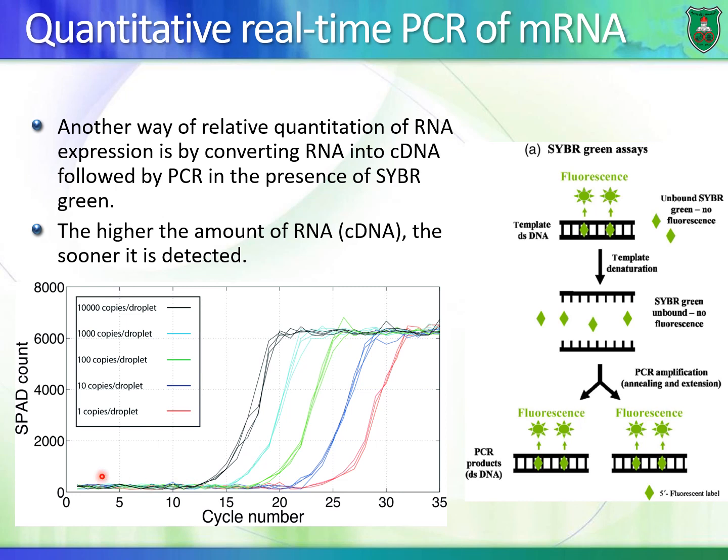And remember when I said that in the early cycles, there is nothing detected, not because there is no amplification of cDNA. No, there is amplification, except that the instrument is not sensitive enough to detect a very low amount of cDNA molecules. But it doubles with every cycle, right? So let's say here that we have different samples. Here we have one copy of messenger RNA or cDNA and up to 10,000 copies of cDNA molecules.